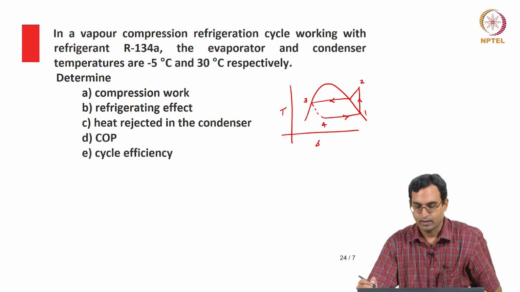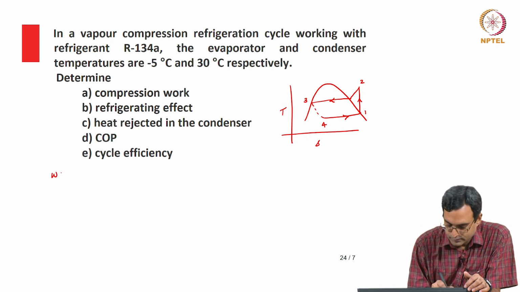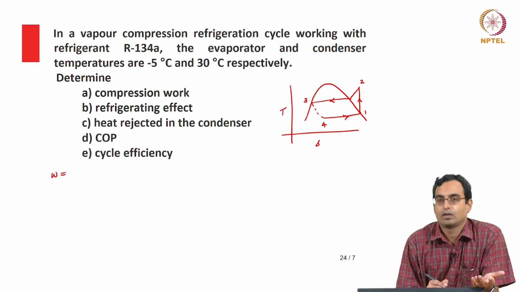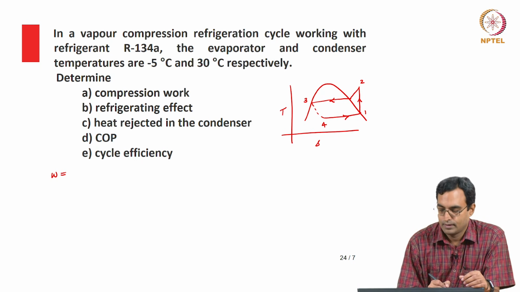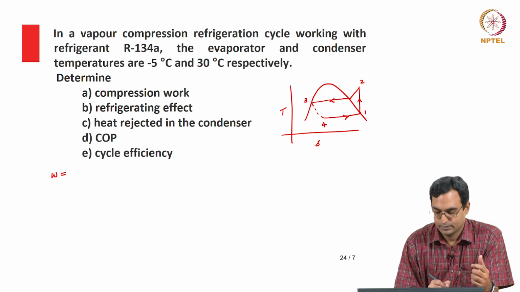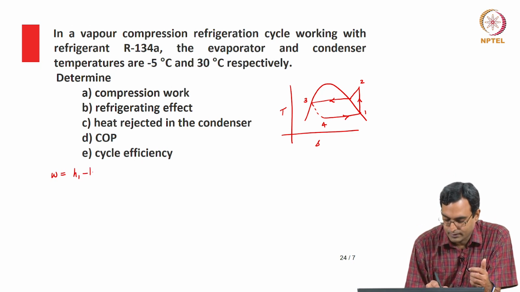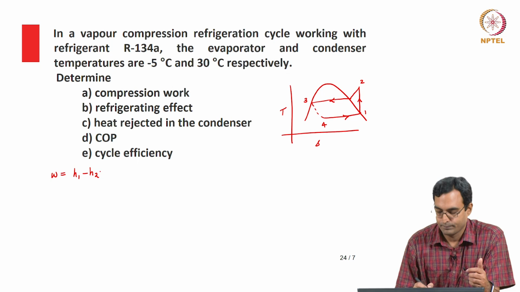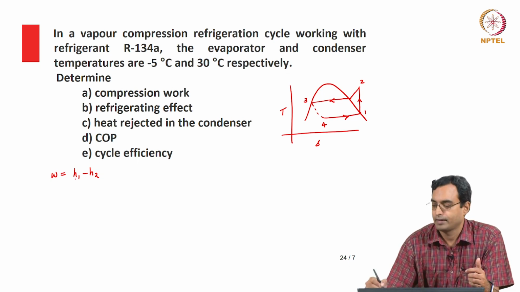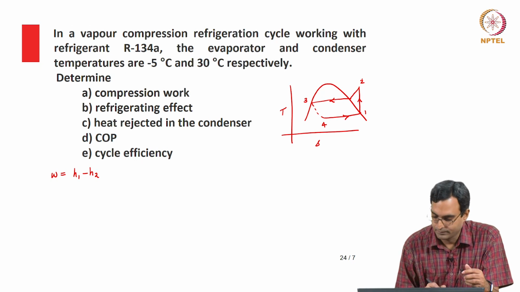So, we need to find out the compression work. From the first law for a flow process, assuming steady state and no heat transfer, the compression work essentially comes out to be enthalpy at the inlet minus enthalpy at the outlet. Since the enthalpy at the inlet is smaller than the enthalpy at the outlet, this work will be negative.